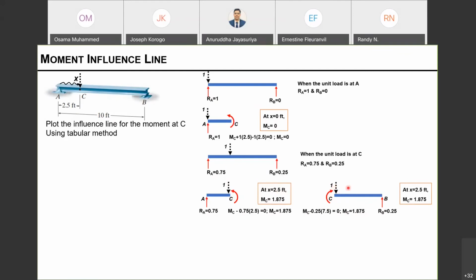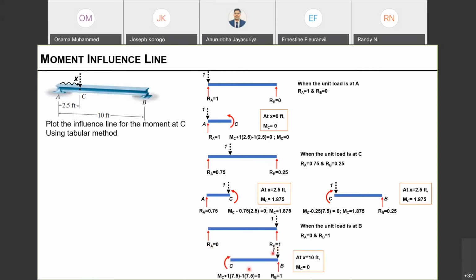Let's move forward. So I'm going to move this point load, or the unit force, unit load, to B. So let's place that one at B and see the reactions. So now this reaction is 0, again this is 1, and we take the cut for the right-hand side of the cut.